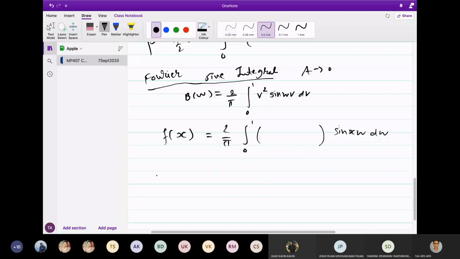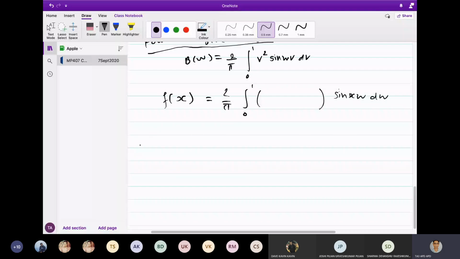Okay, so there are some examples which you should do in your assignment. I'll just write them down over here. You have to find out the Fourier cosine integral.